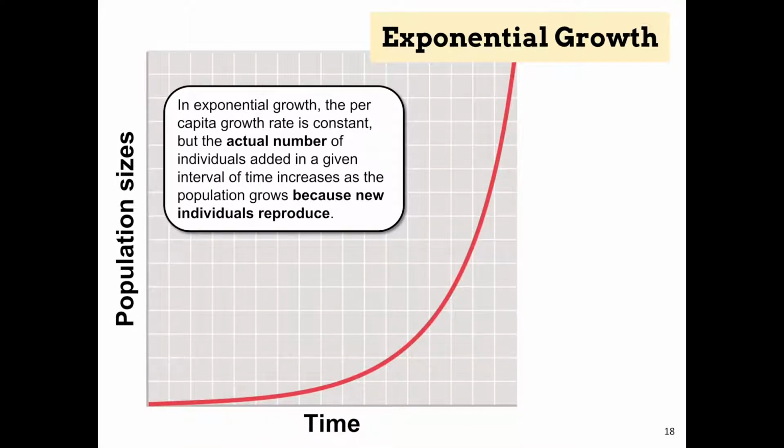Like I said, this pattern of population increase results when R is constant through time. We call this exponential growth. If the per capita rate of increase we calculated in the previous example were to continue, how large would the prediction be after 10 years?